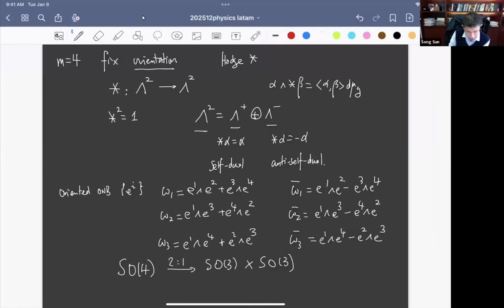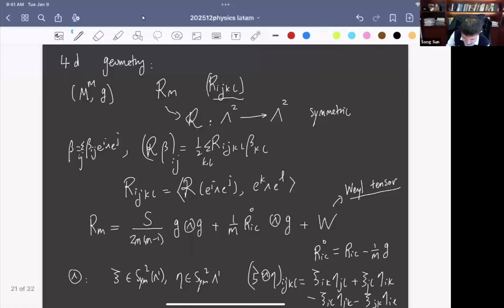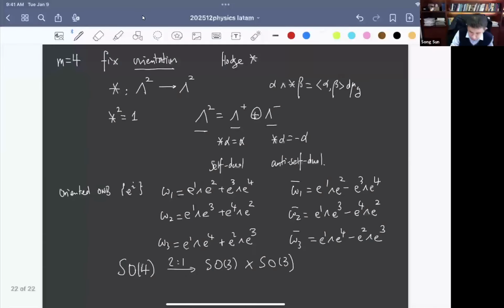Okay. Because Λ² decomposes, the corresponding curvature transformation, the one we defined previously, decomposes into block matrices, right? You can write it as 4 components, and these can be written in the following form. I don't know whether I use S for scalar curvature, or maybe R for scalar curvature.